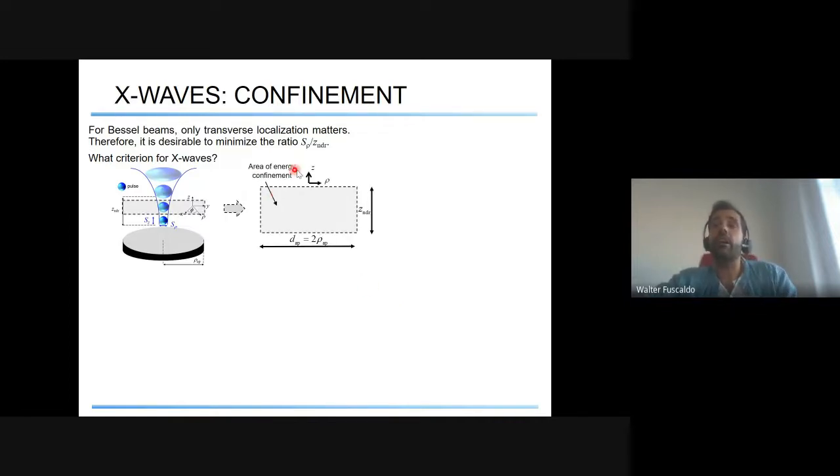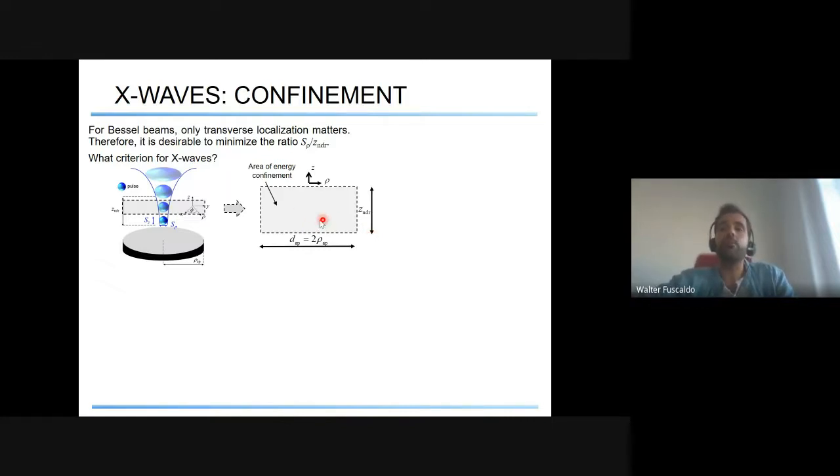We have an area of energy confinement defined along the radial axis and the propagation direction, that is the z-axis. We are interested in focusing the energy over an area that is as large as the aperture diameter of our radiating aperture, and over a distance that is limited by the non-diffractive range, because the non-diffractive range of an X-wave will also be the same as that of a Bessel beam.